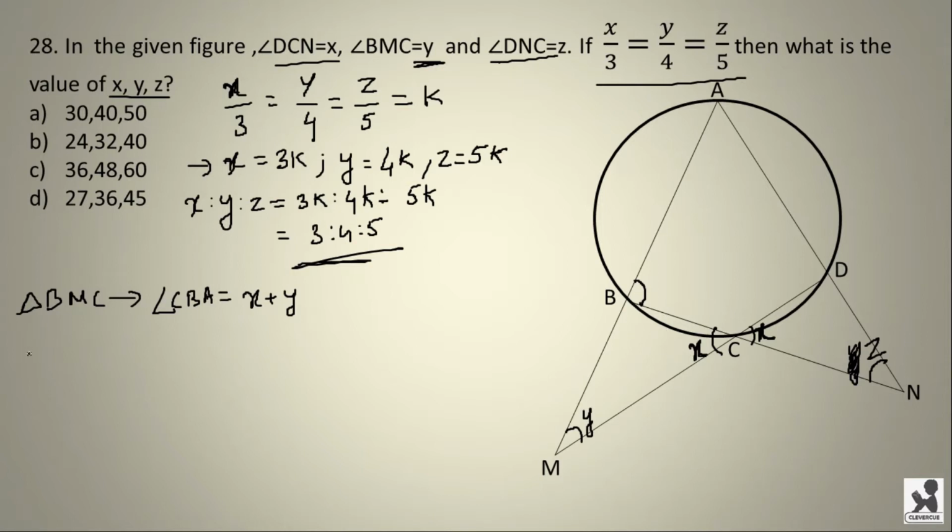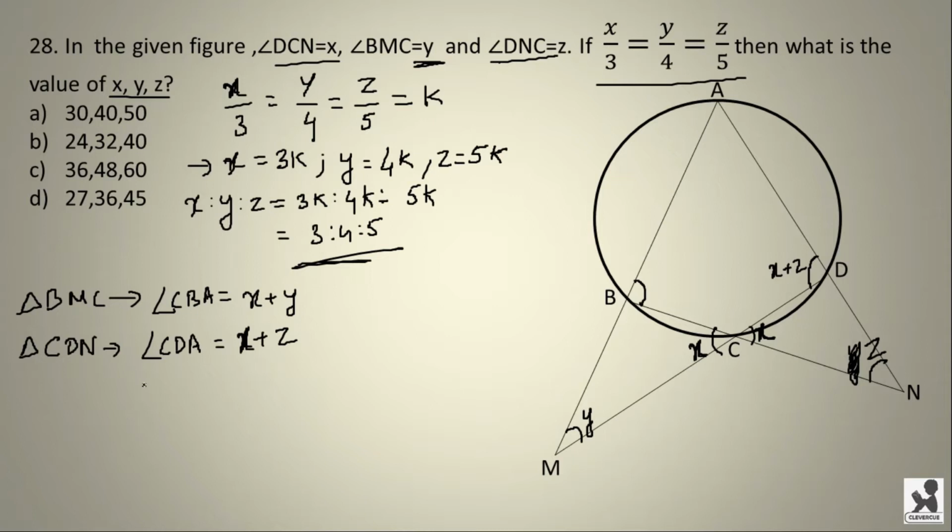Similarly, in triangle CDN, we have x and z, so the external angle CDA is equal to x plus z.